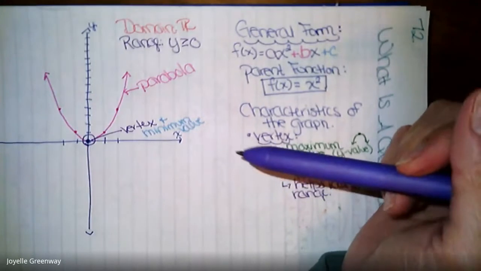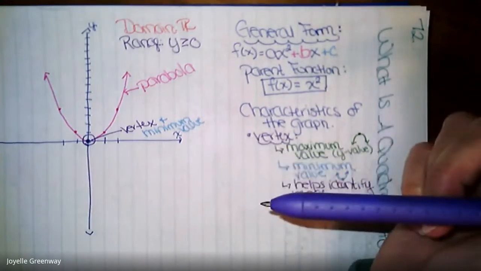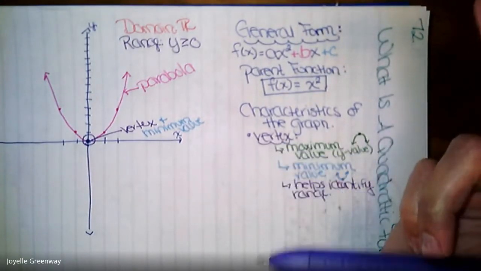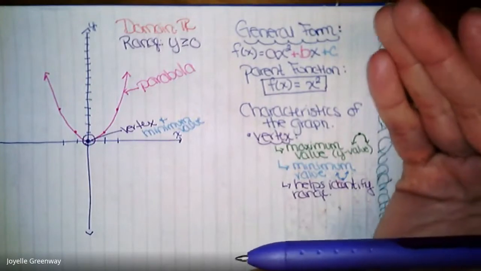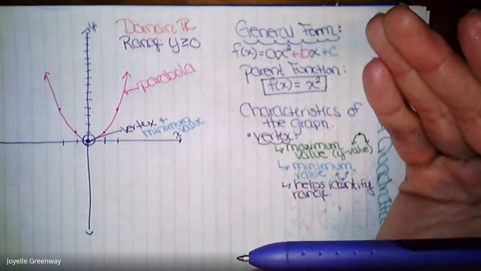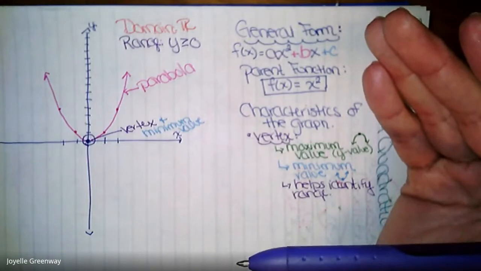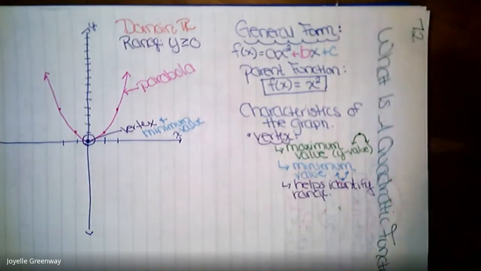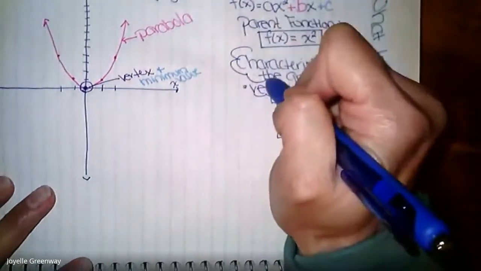All right, so we have the parent function. We have that it's called the parabola. We have the max and the min and the vertex. So I talked about how next we're going to learn how to solve a quadratic. Right, so we did the general form. We did the characteristics.